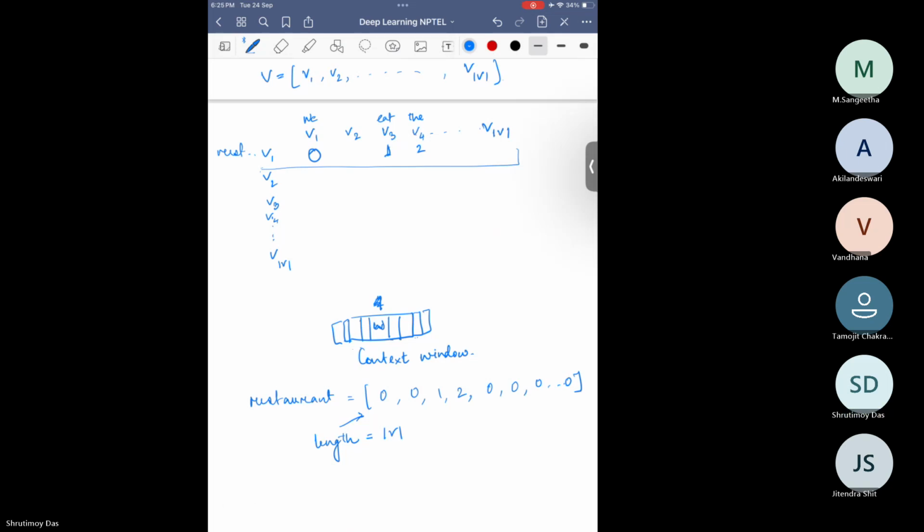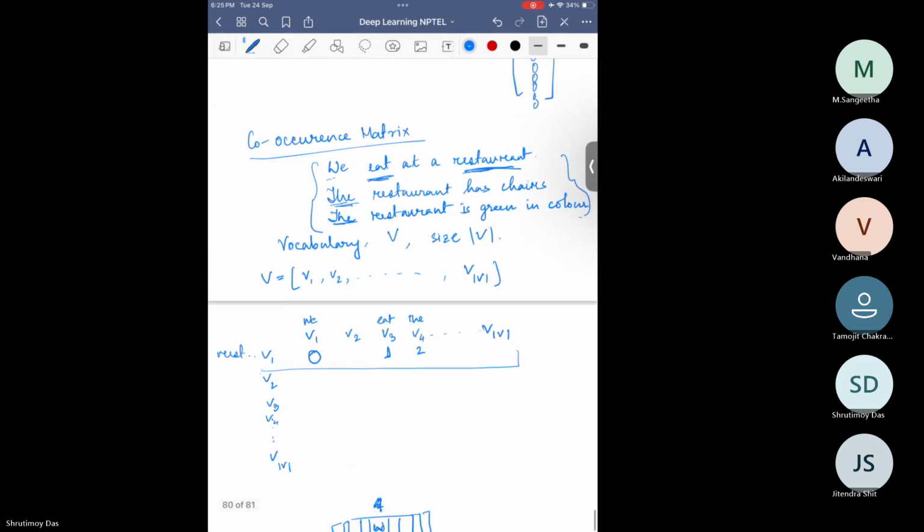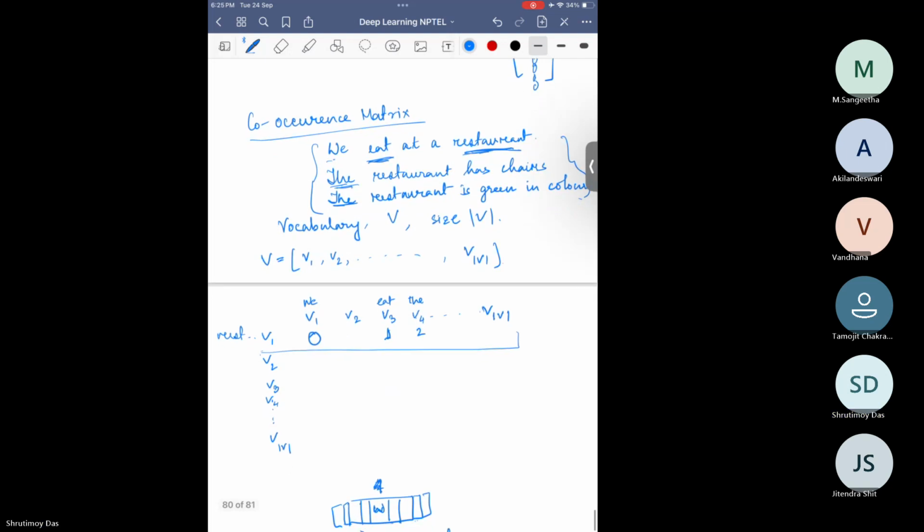Now let us see one thing. We know that restaurant should co-occur with the word eat, but restaurant does not have any reason to be that important for the word "the", or "the" is not that important for restaurant, because "the" can be anything.